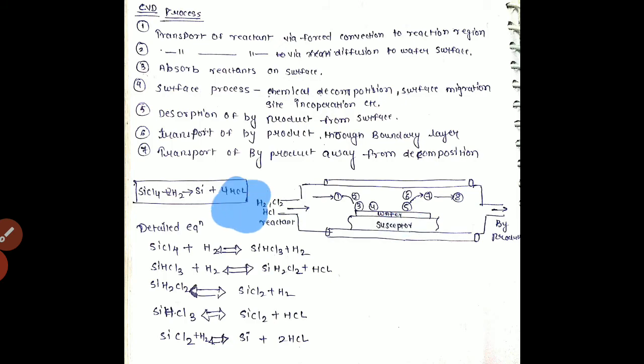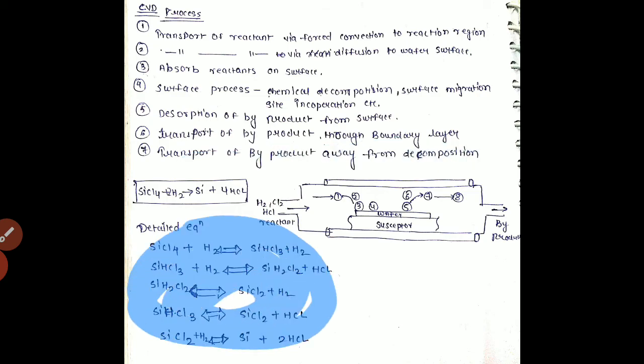See this reaction. Under this reaction, the products are silicon as well as HCl. The silicon is deposited on the wafer, and the HCl is a byproduct. The transportation of the byproduct takes place through the boundary layer. See this reaction take place: silicon tetrachloride will react with hydrogen and trichlorosilane is formed.